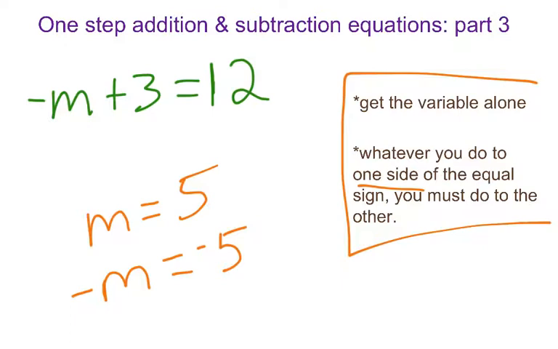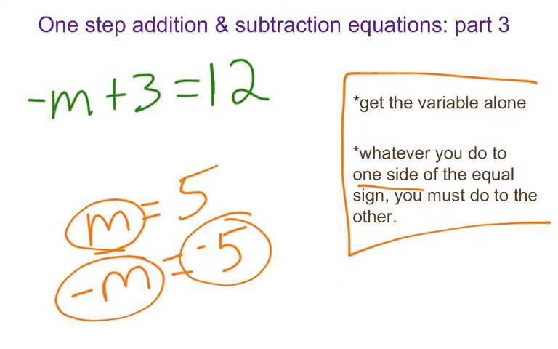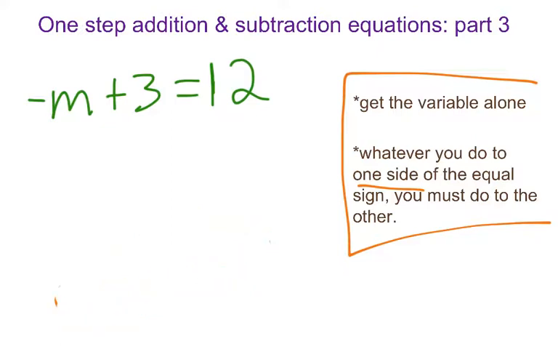It's going to get a little more complicated to a certain extent in this equation, but that's the basic gist of it. If m is equal to positive 5, well, the opposite of positive 5 is negative 5. So the opposite of m must be negative m. And that's the whole premise for this understanding. Now again, once we learn multiplication equations, you'll have a better mathematical understanding of this. But for now, taking that logical step is going to serve you very well for these simple one-step equations.